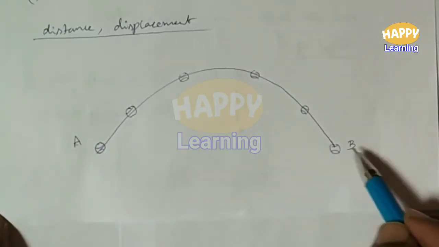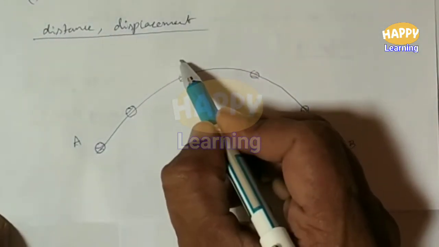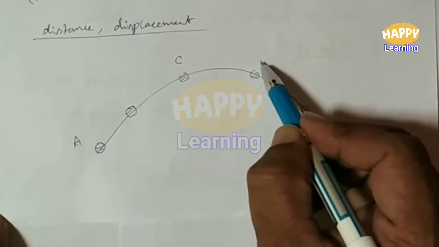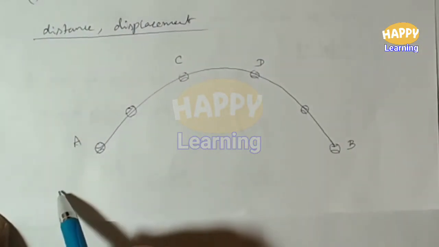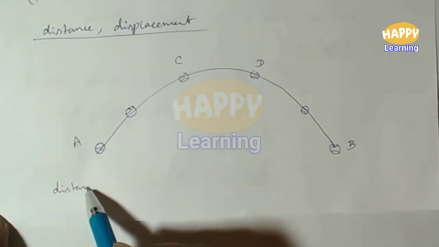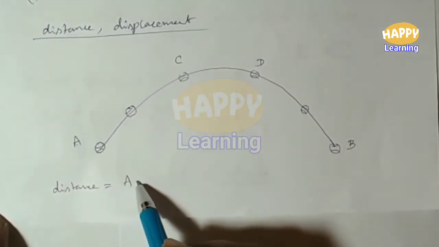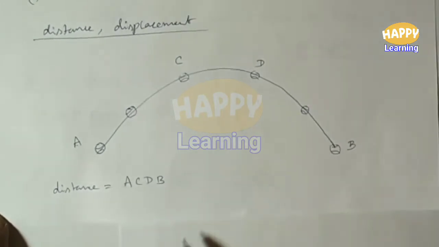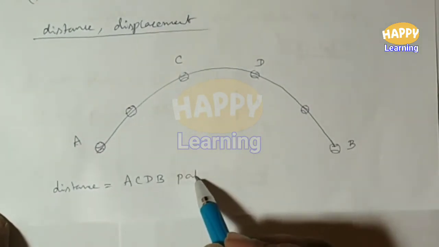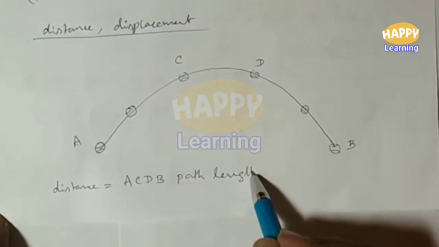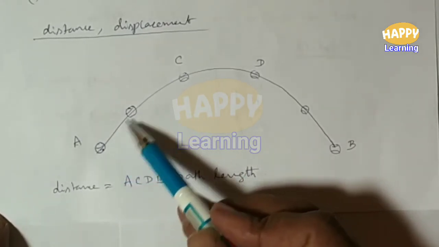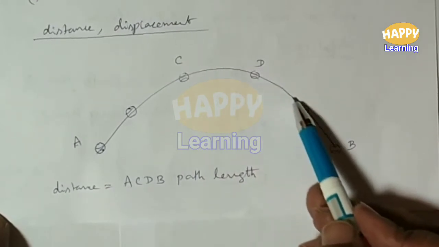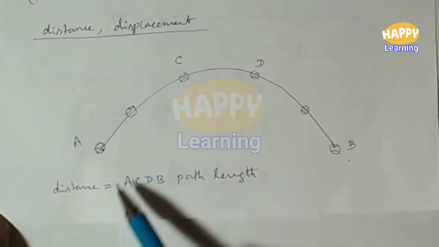Let the starting point be A, the end point be B, and let us name the intermediate points as C and D. Then distance is equal to ACDB. That means that curved path length. So the ACDB path length is the distance. The ball has moved along ACDB.